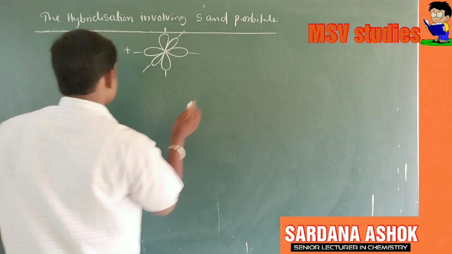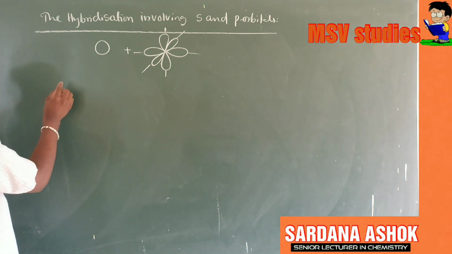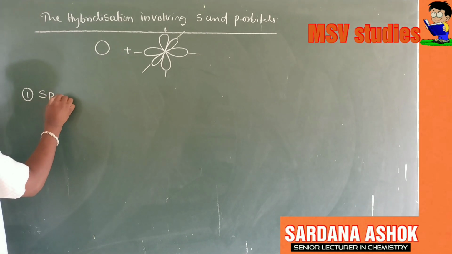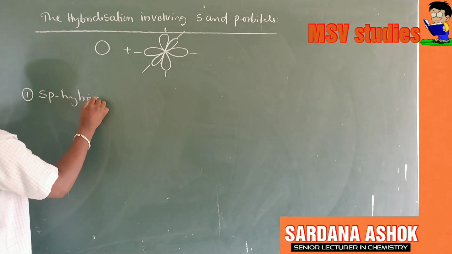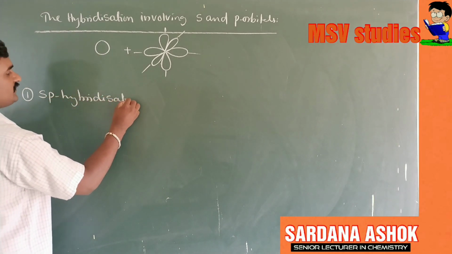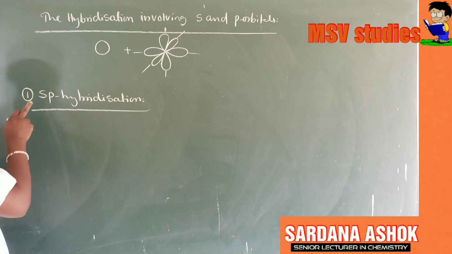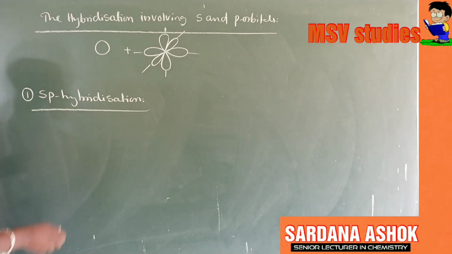That is sp hybridization. We have to intermix only one s orbital and one p orbital.